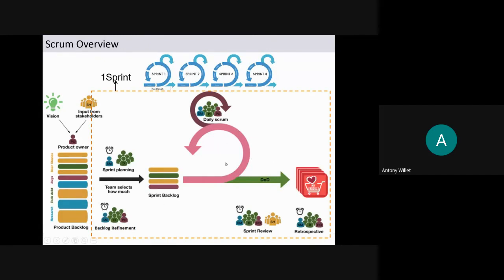But every day in the morning, for around 15 minutes, the team meets to discuss the status, and also to discuss what is blocking them. Okay, what went well. Everybody in the team says what he or she did the previous day, what he implemented, and what he is planning to implement or do today.